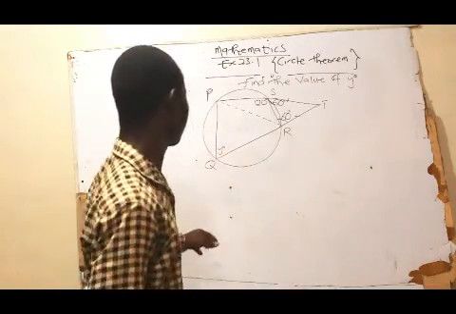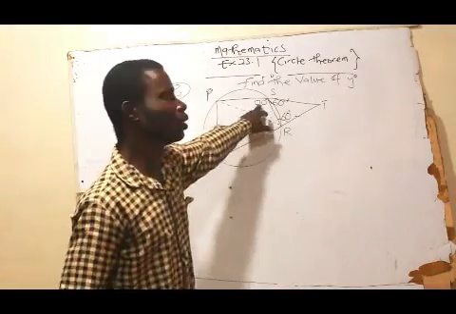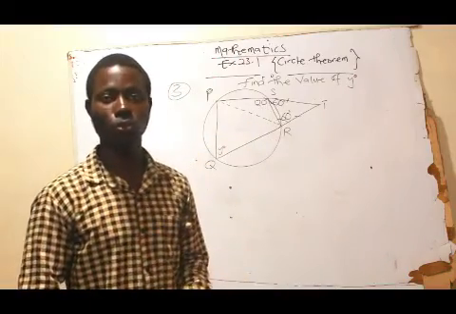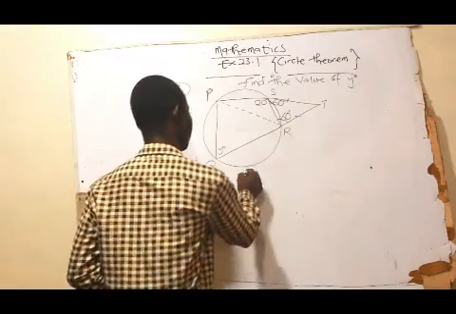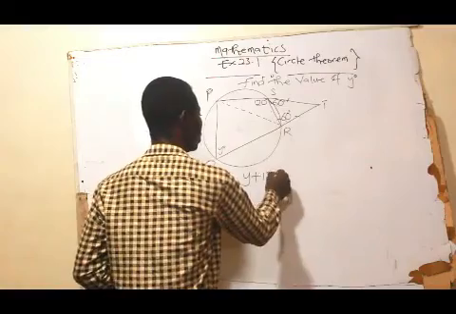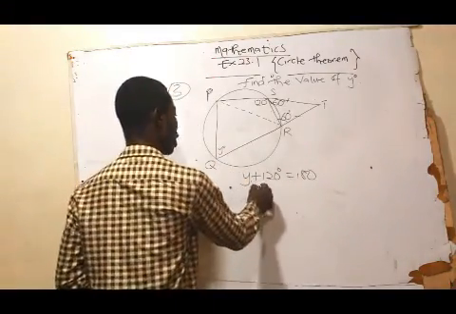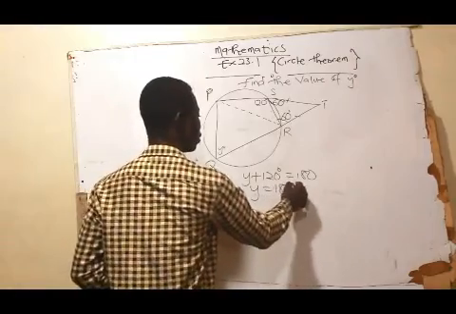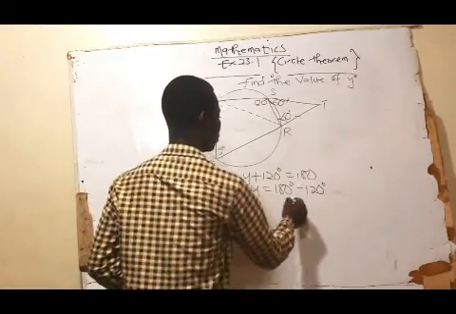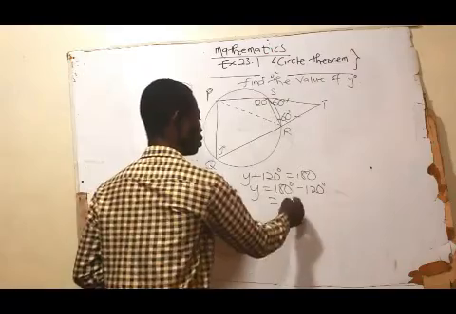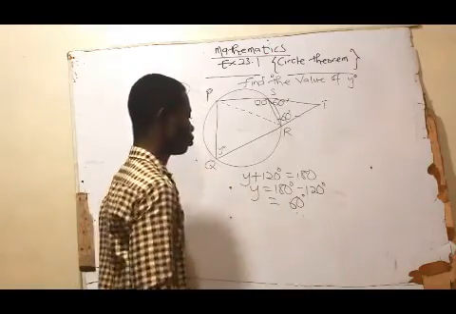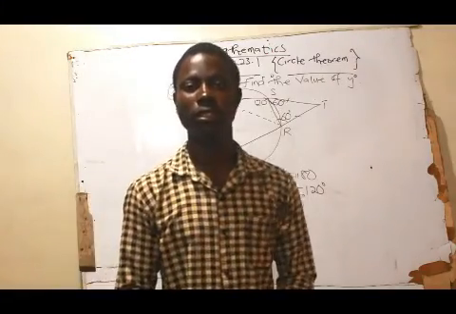So y plus 120 degrees equals 180 degrees. So y equals 180 minus 120, which gives us 60 degrees. So here y gives us 60 degrees.